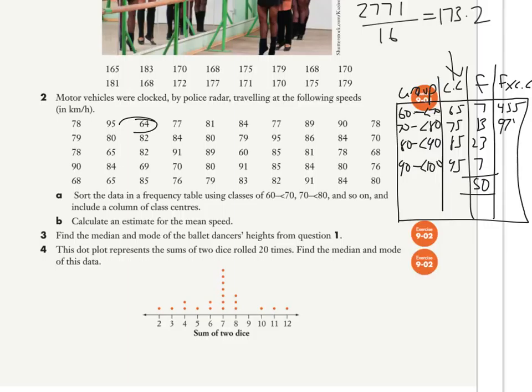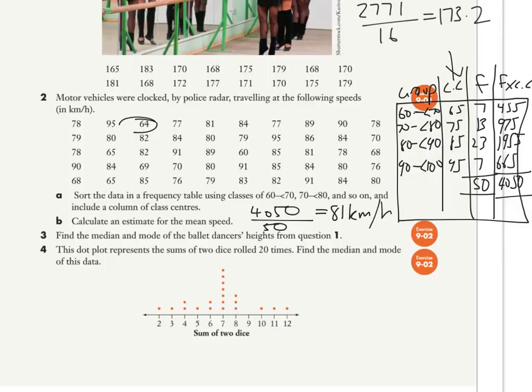Then we've got 975. 85 times 23 is 1955. And 95 times 7 is 665. Add up all those and you get 4050. So the estimate for the mean will be 4050 divided by 50, which is approximately 81. Actually, sorry, it is 81 kilometers per hour.